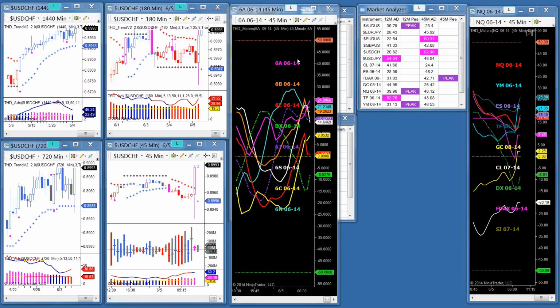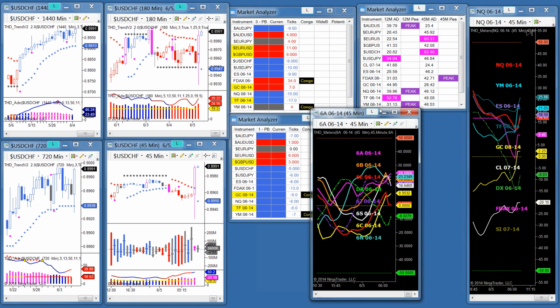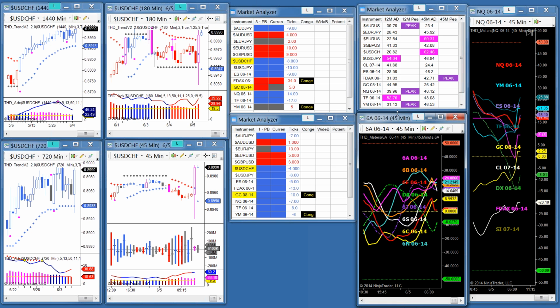Then you have to set up a chart with the 6A and apply the template. I have a video that shows you how to do it on both the blog and the forum. Just look for NinjaTrader videos and it walks you through how to set up the meter window.